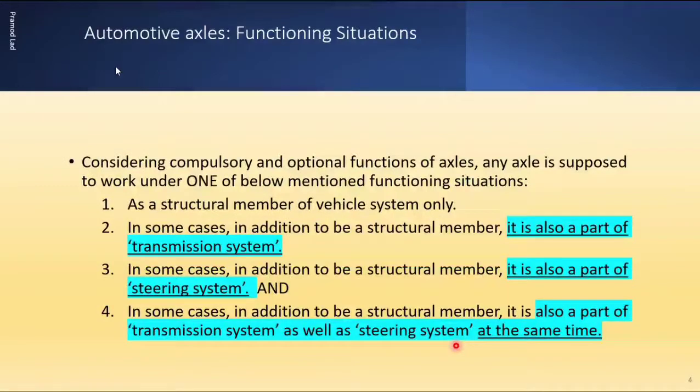So, what are the different functioning situations for automotive axles out of these three important functions that we saw in the previous slide? Considering compulsory and optional functions of axles, any axle is supposed to work under one of the below mentioned functioning situations. So out of the three functions, there arise four different situations under which an axle is supposed to perform its duty.